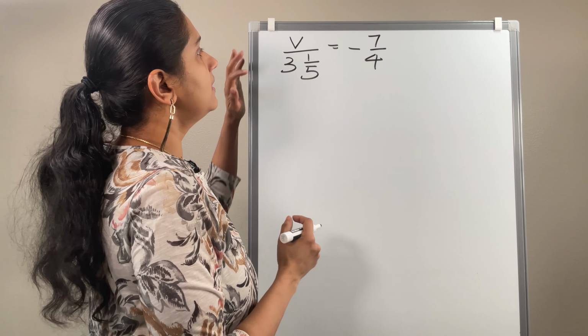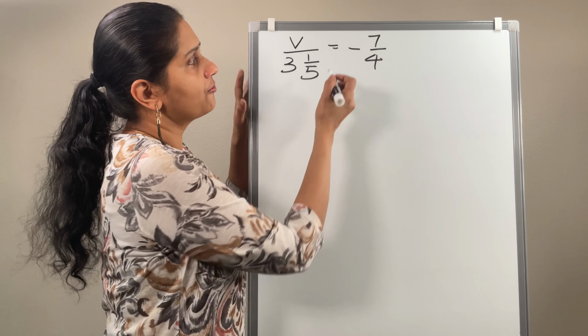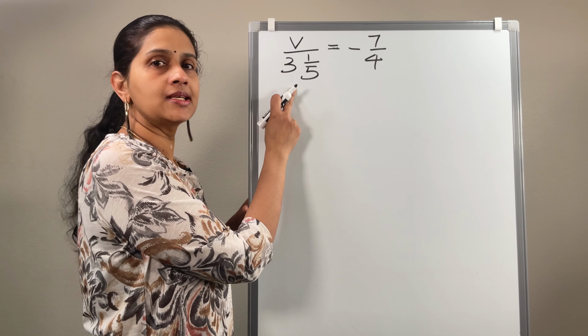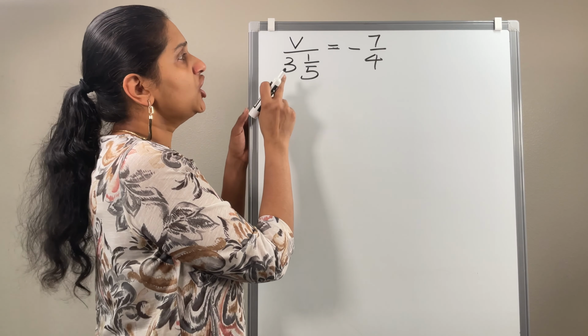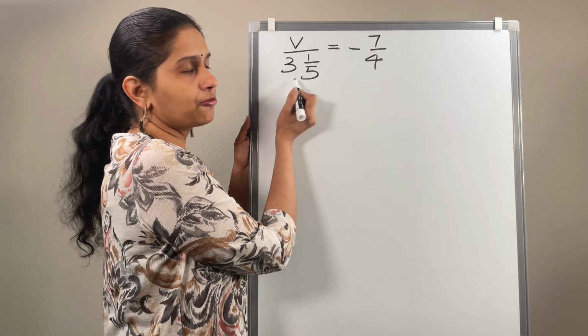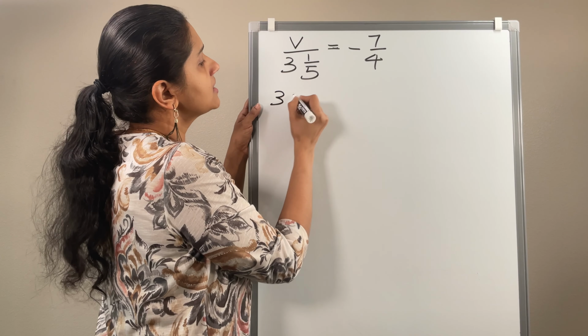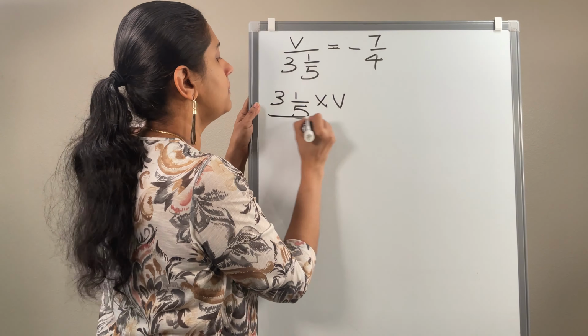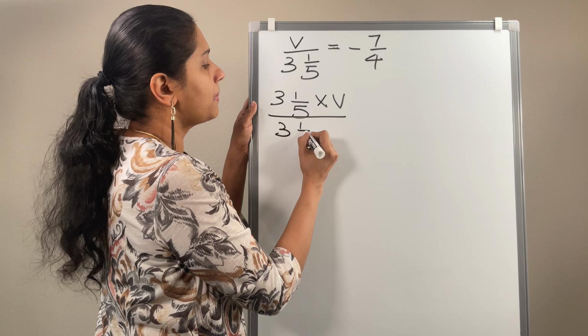Consider the example v by 3 1 by 5 equal to minus 7 by 4. 3 1 by 5 is in a mixed fraction form. In order to isolate the variable v, we need to get rid of 3 1 by 5. For that, I am just multiplying v by 3 1 by 5 times 3 1 by 5.